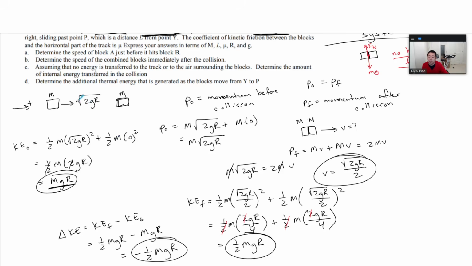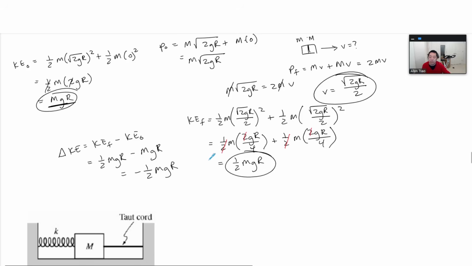Basically, the amount of energy transfer technically is just the positive amount, because minus 1/2 mgr means I lost that much energy. That must have gone into the internal energy, or somewhere else. The big thing to think about is we had a change in the energy. So we lost 1/2 mgr of the kinetic energy during the collision.